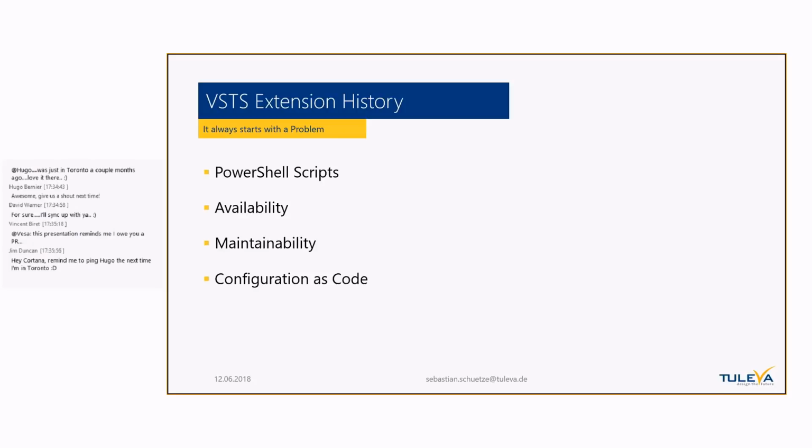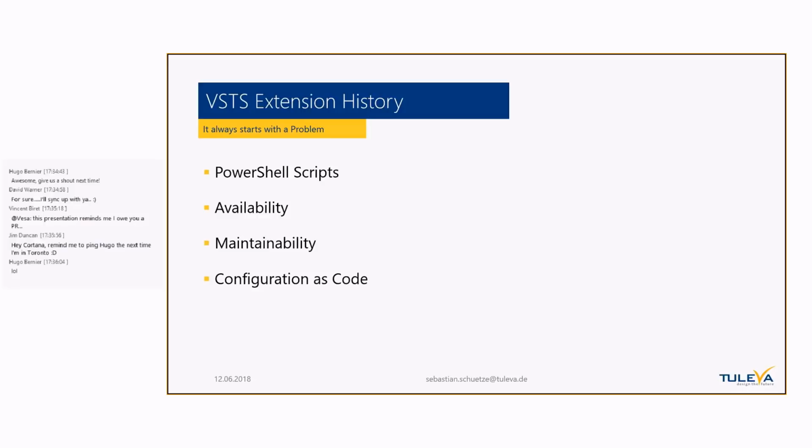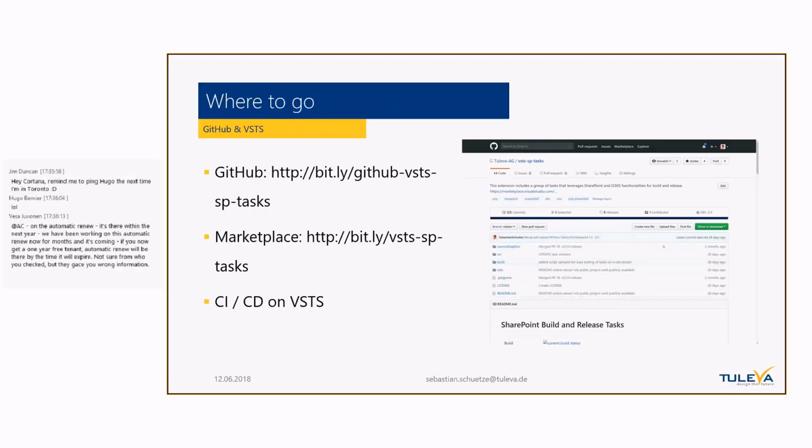in an easy way. Of course, there is the partner pack, but we're talking about more configuration things and much more. And so what I did in that part was creating a VSTS task, an extension for VSTS.